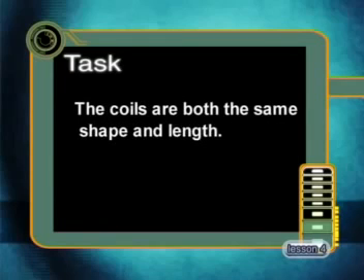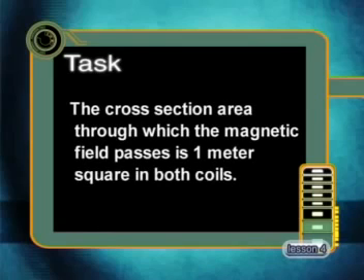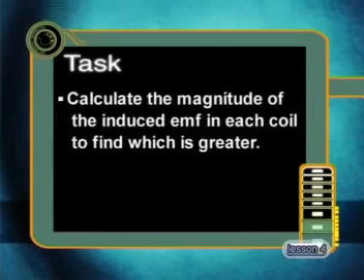The coils are both the same shape and length. The cross-section area through which the magnetic field passes is 1 meter square in both coils. Calculate the magnitude of the induced EMF in each coil to find which is greater.